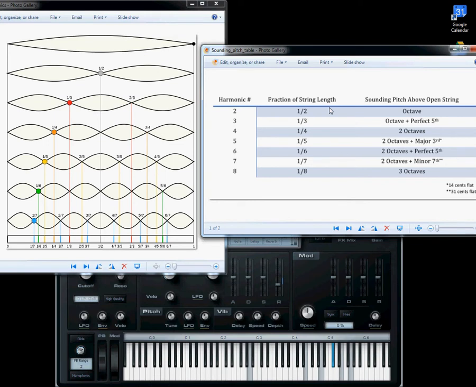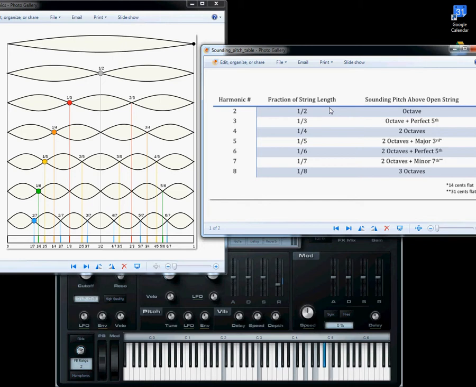And then the last one is 3 octaves. And the key is C. That means it would be C, followed by another C, followed by G, another C, then E, another G, and B flat.